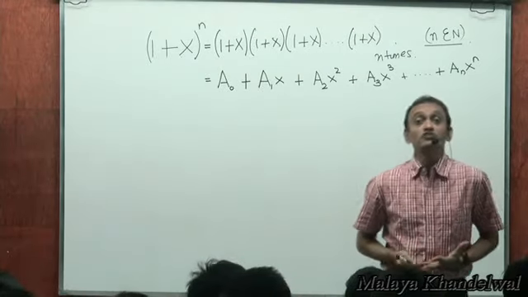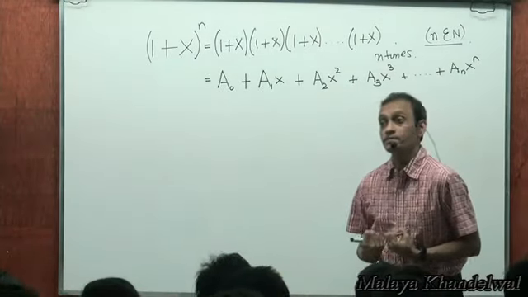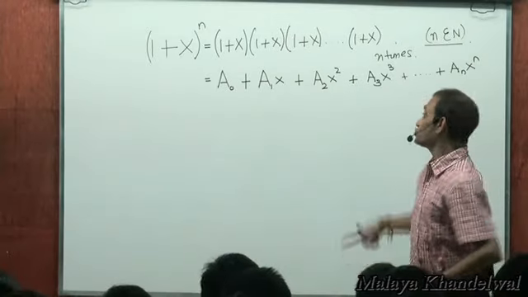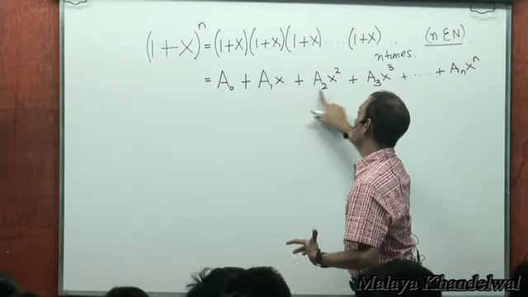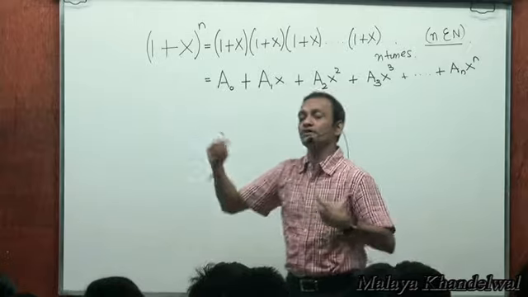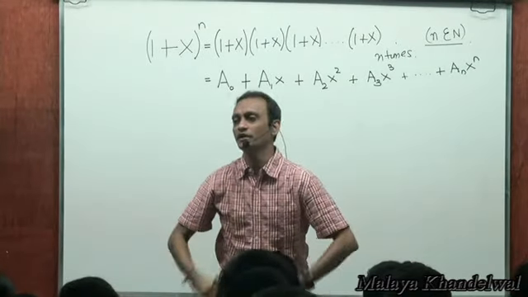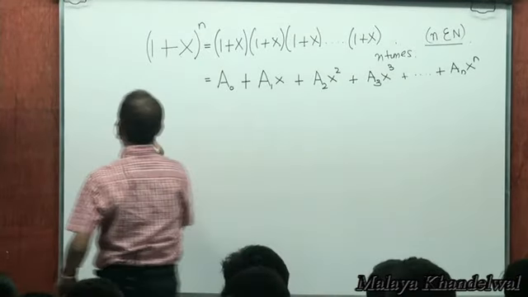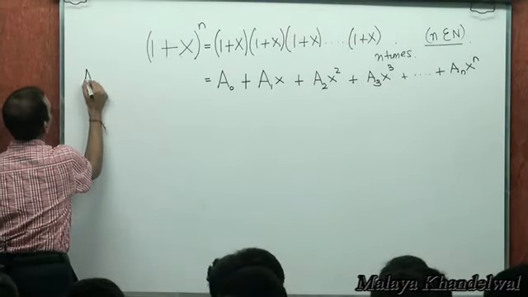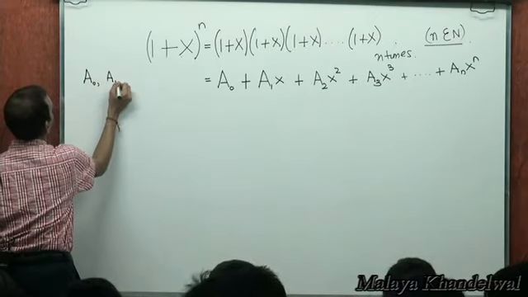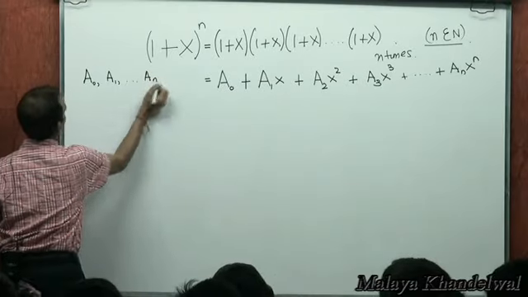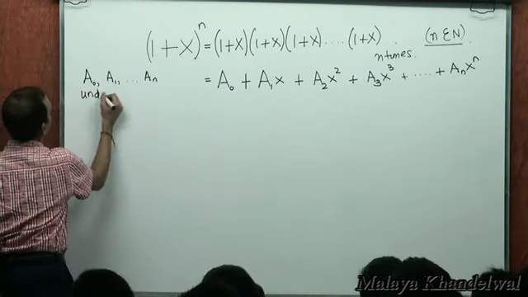These coefficients as of now are not known to us, and to begin with, these coefficients a0, a1, a2, a3, an would be referred to as undetermined coefficients.